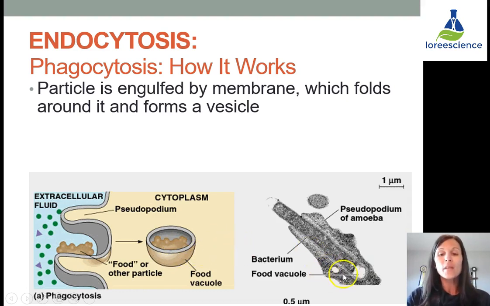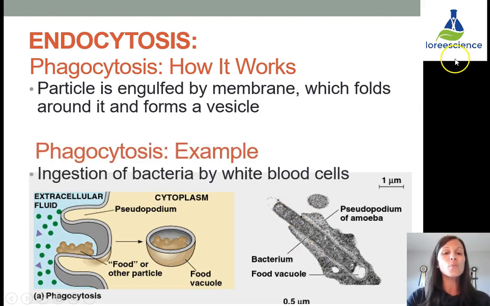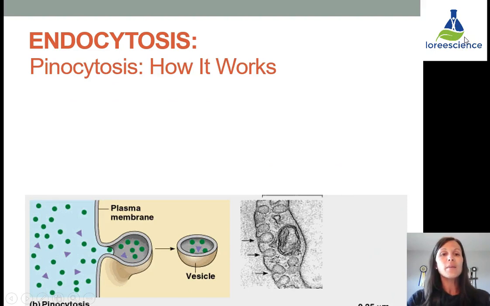So you can also see bacterium and amoebas engulf things in the same way. So the amoeba is engulfing the bacteria, phagocytosis. So an example would be ingestion of bacteria by white blood cells as well. So this is how the white blood cells fight off bacteria. Phagocytosis is like eating for the cell, taking large bites.